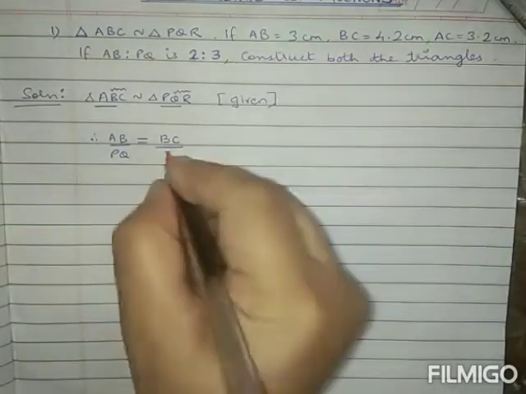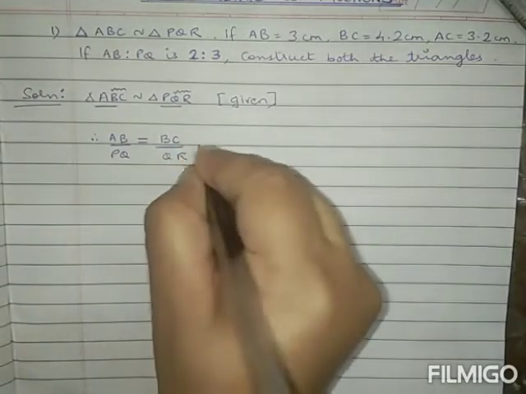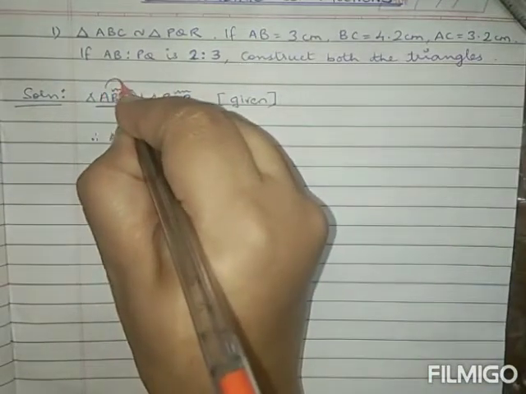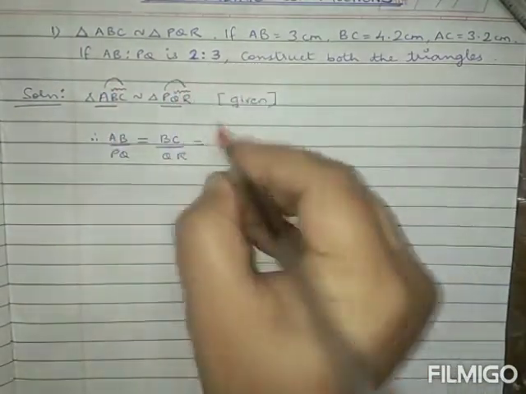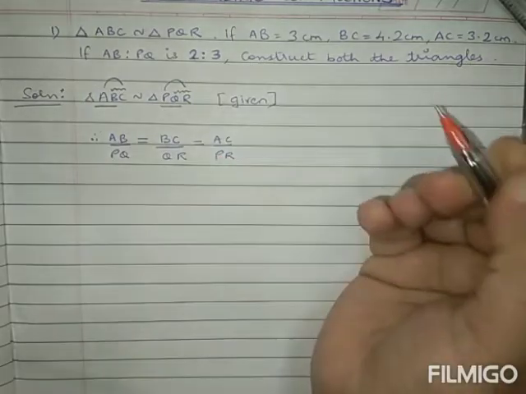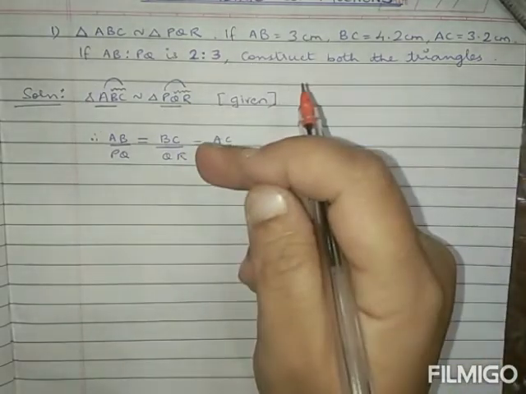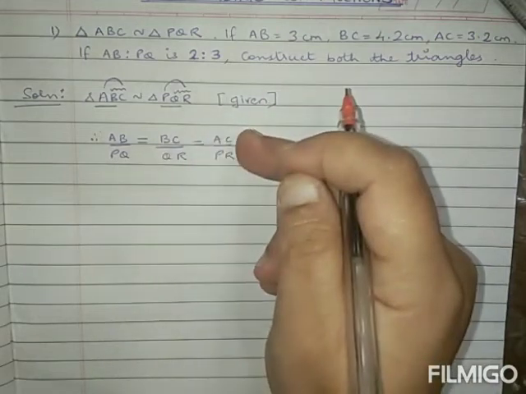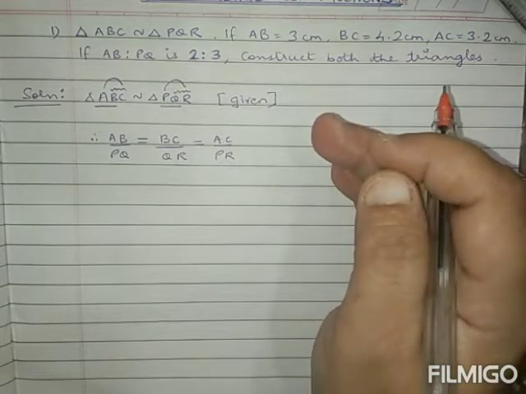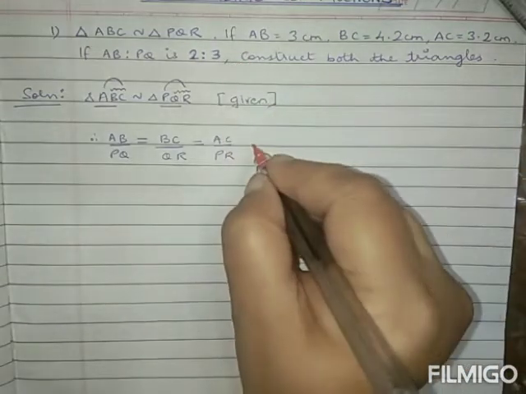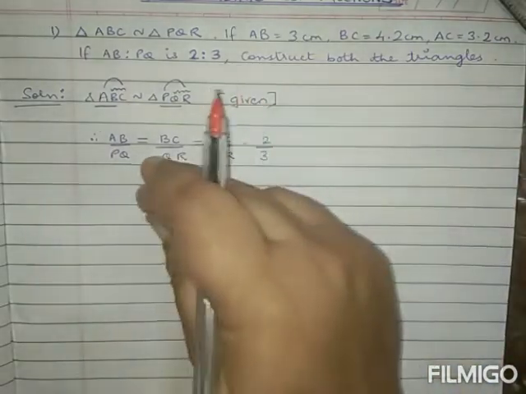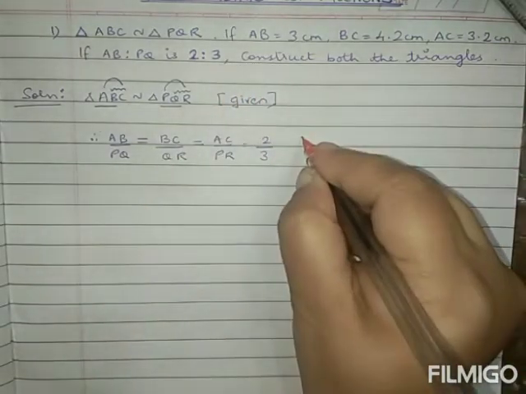So BC upon QR is equal to, what are the remaining sides now? AC upon PR. Okay, so the corresponding three sides bear a constant ratio. Do we know what this ratio is? Yes, it is 2/3.